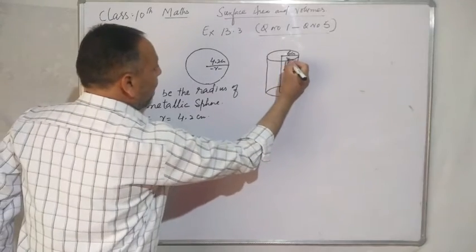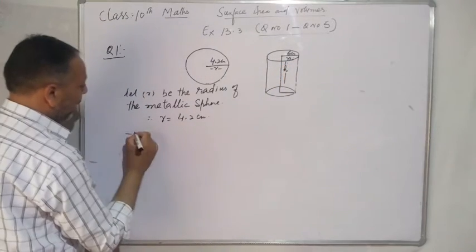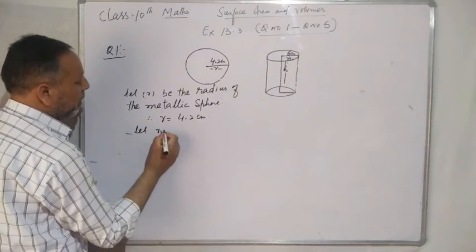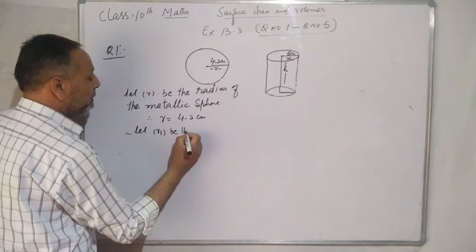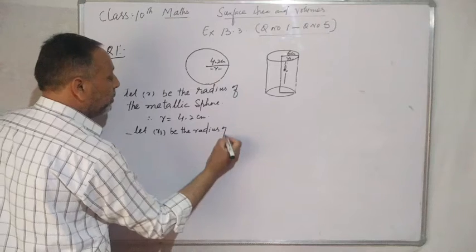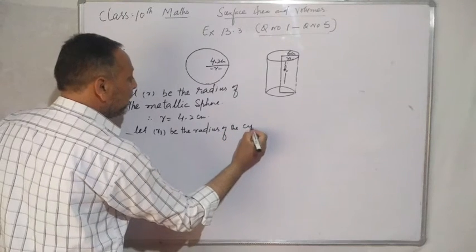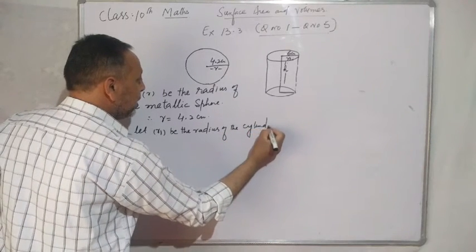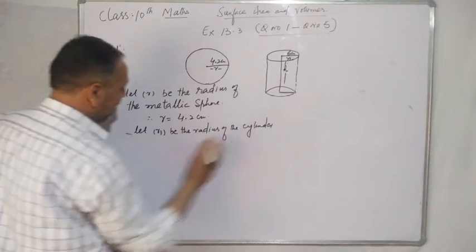Let r1 be the radius of the cylinder and h be its height.